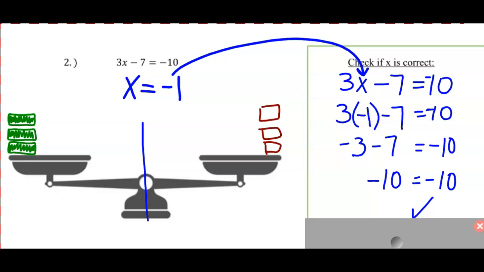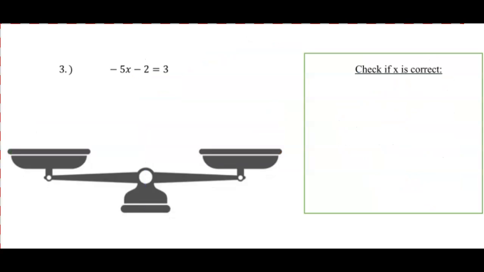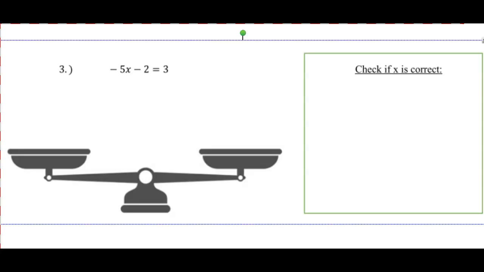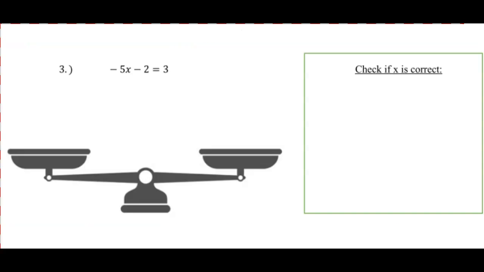Okay, let's try one more and build that picture. So I'll draw 5 negative x's on this side, and 2 negative units on this side, and then draw 3 units on the other side. Okay?